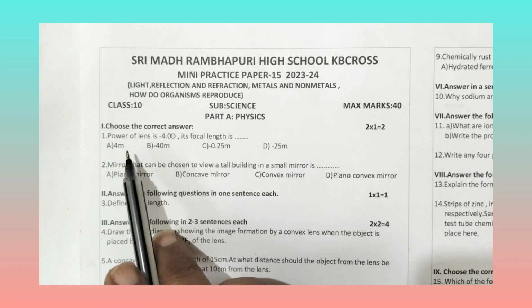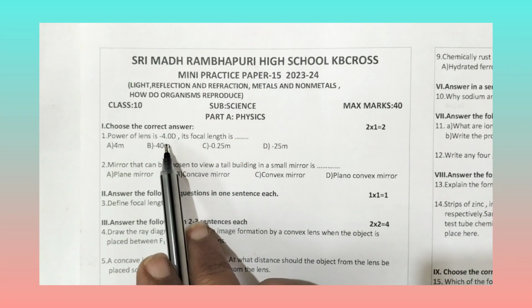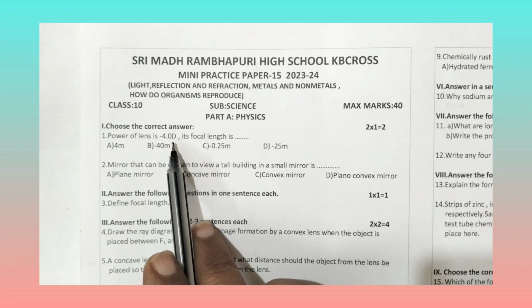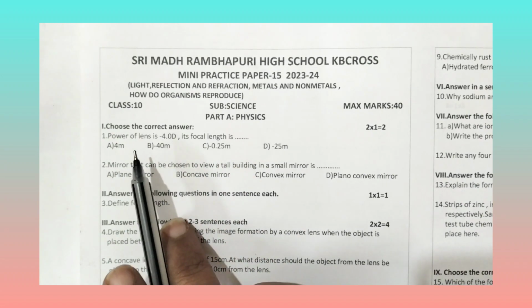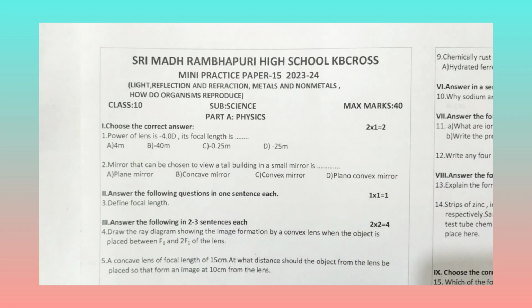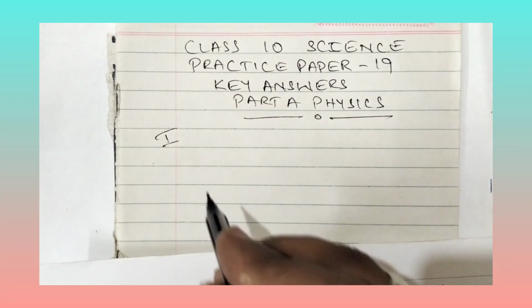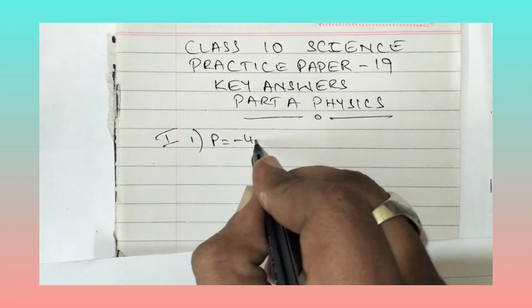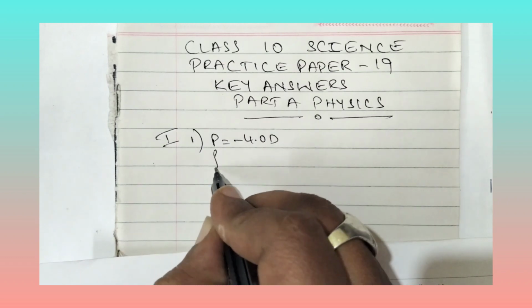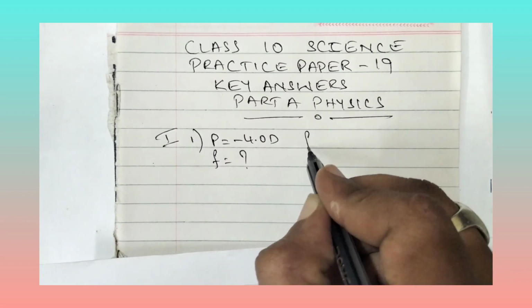So the first question is: power of lens is minus 4.0 diopter. Its focal length is dash. So what they have given, power of lens is given as minus 4.0 diopter. Focal length they have asked. So power is equal to minus 4.0 diopter. Focal length is equal to question mark.